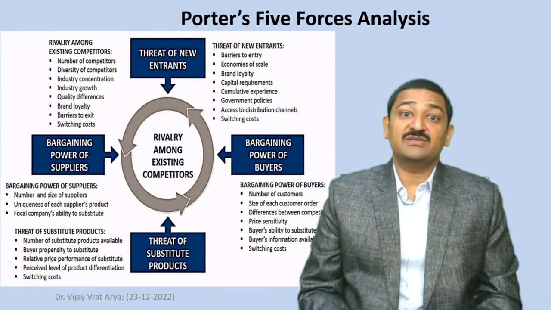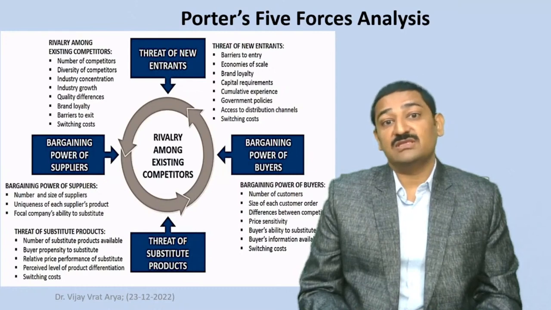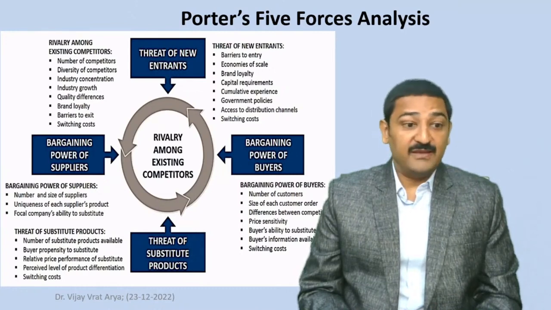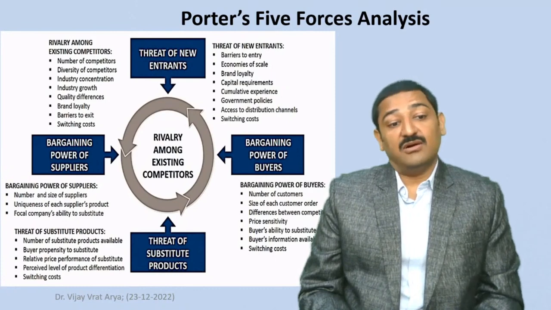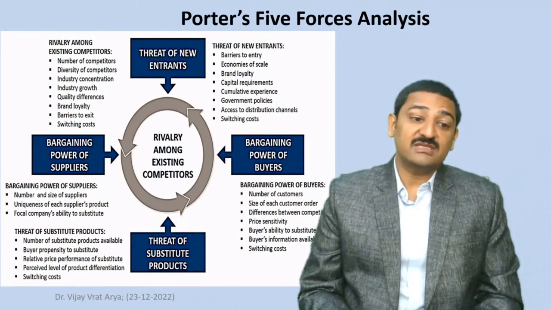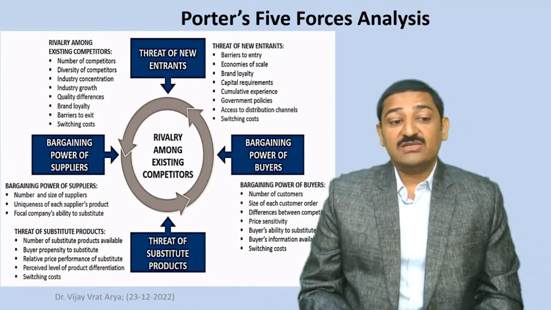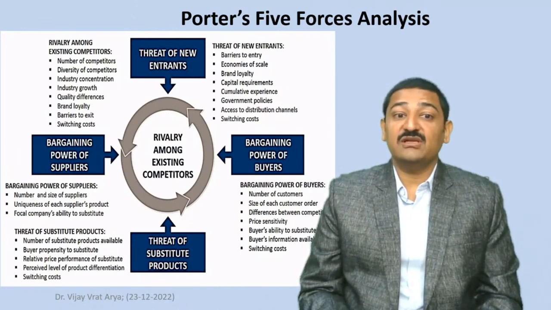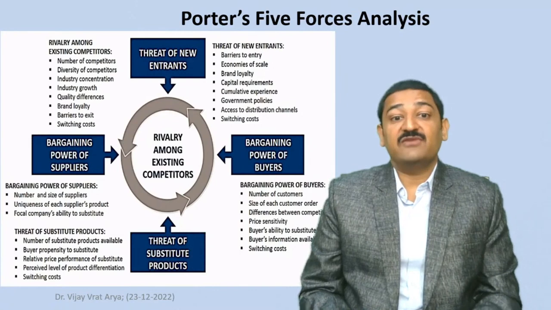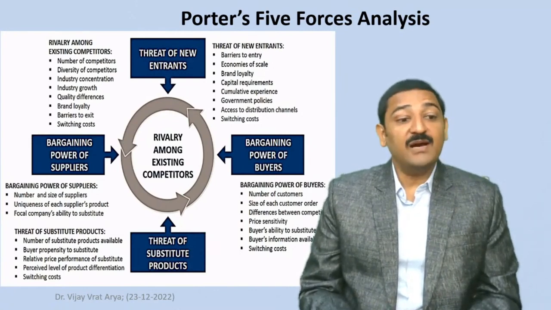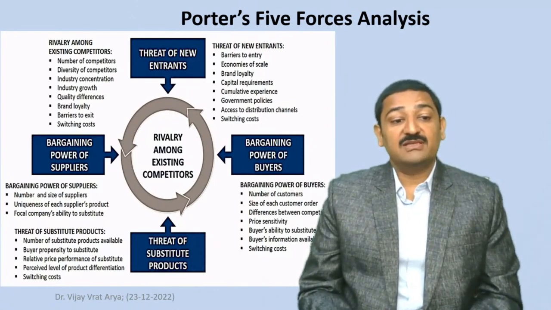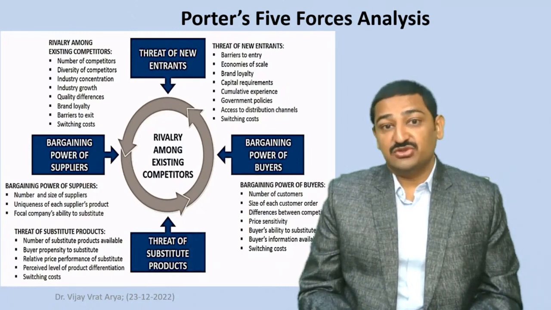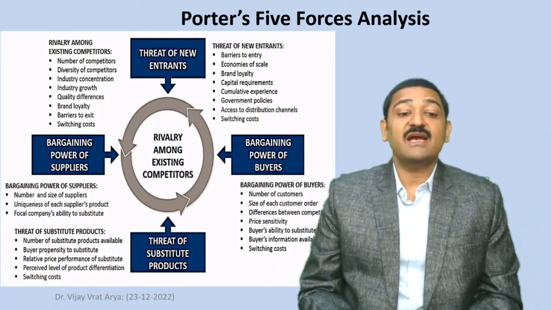That needs to be understood from the Porter's five forces analysis point of view, which includes number of the suppliers and the size of the suppliers, uniqueness of each supplier's product that gives a kind of potential to their product, and a kind of promise that that particular raw material is having a very prominent position. Apart from that, focal companies' ability to substitute is also considered under this head.